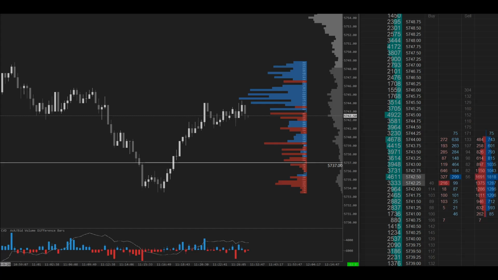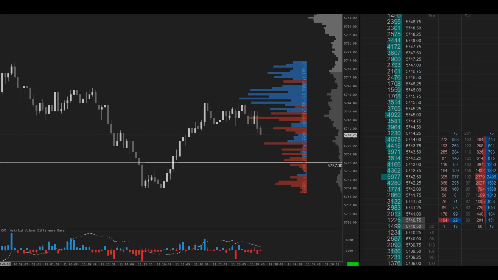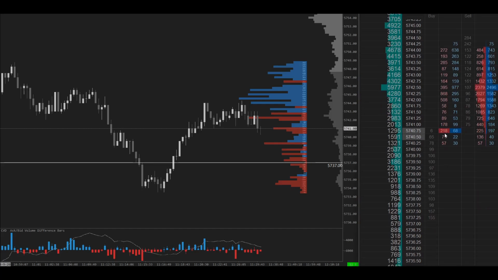You can see the distribution on the DOM, so it's showing us that it's balanced. Okay, so it's starting to press into the lows here. So we want to watch how it reacts.